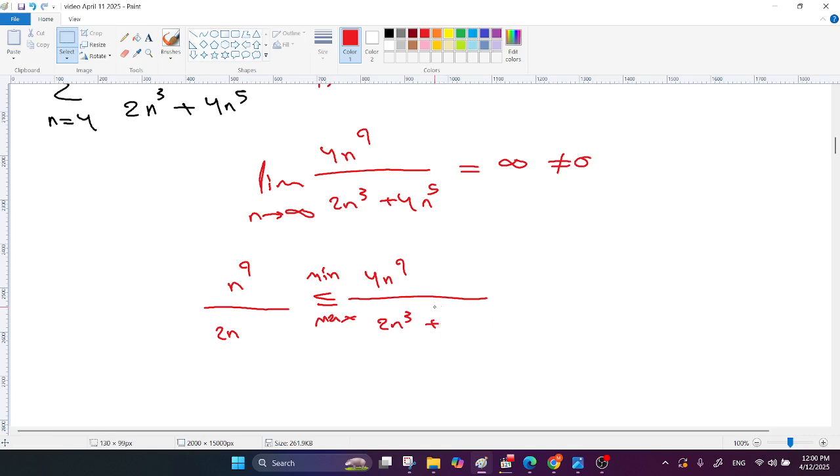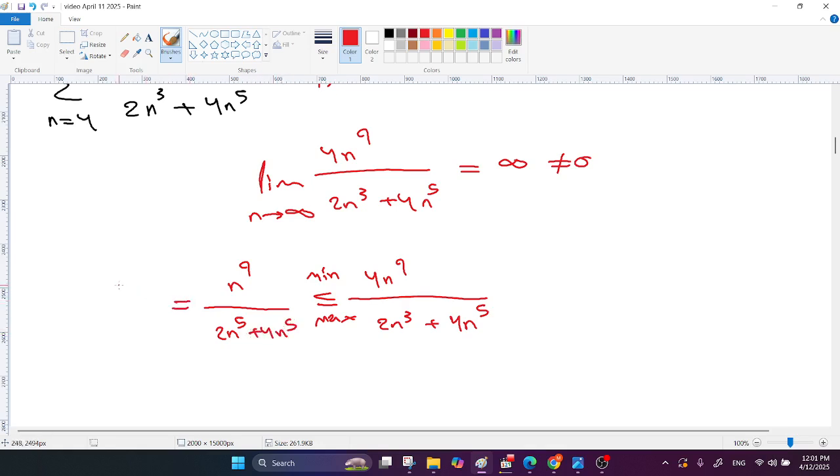My handwriting was not clear, but it's clear now: 4n to 5. So 2n to 4, not 4, 5, for example, 2n to 5 plus 4n to 5.